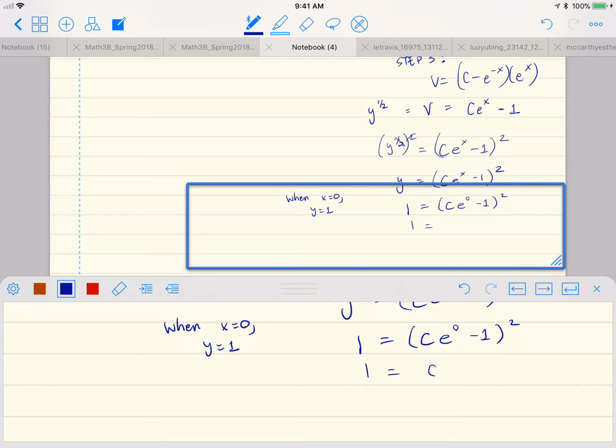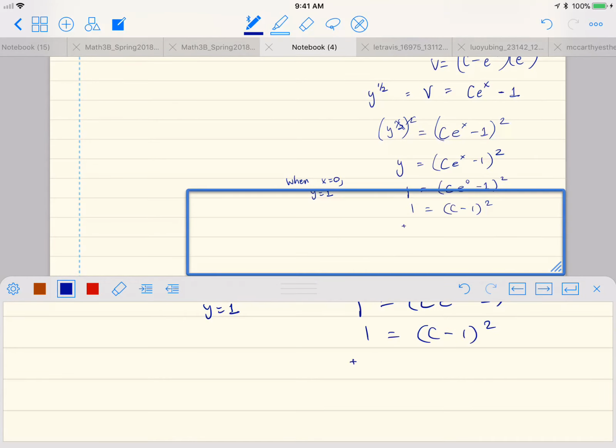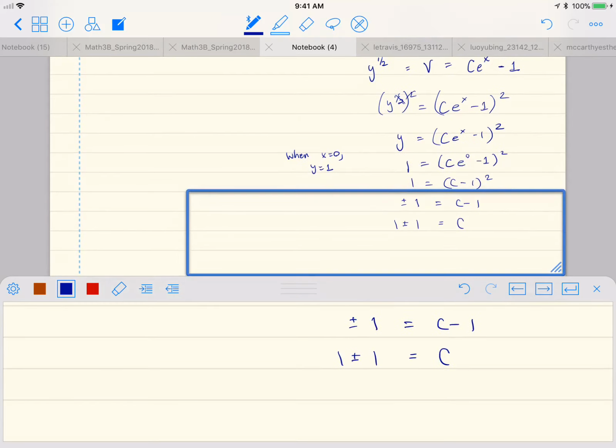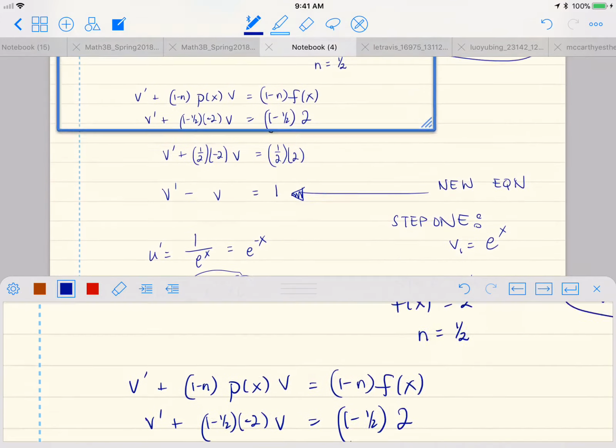So 1 is equal to c minus 1 squared. So we could take plus or minus 1 equal to c minus 1. So c is equal to 1 plus or minus 1. So that means we could choose c to be equal to 2 or 0. C equals 2. We can go with that. So then c is equal to 2.